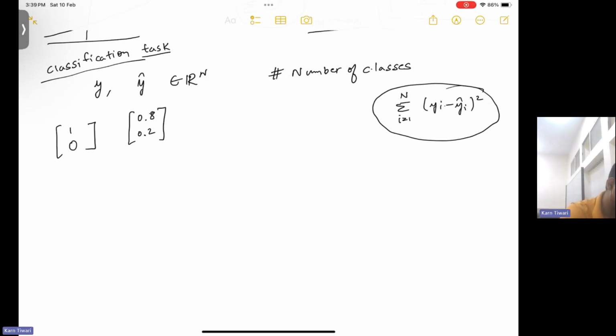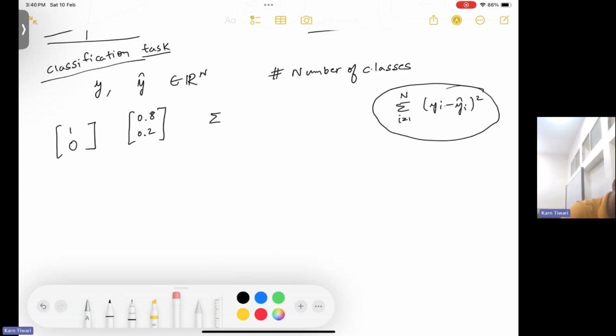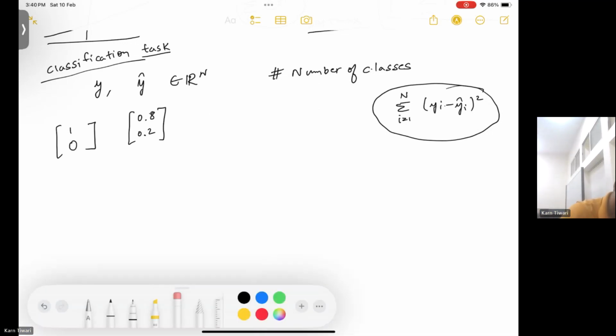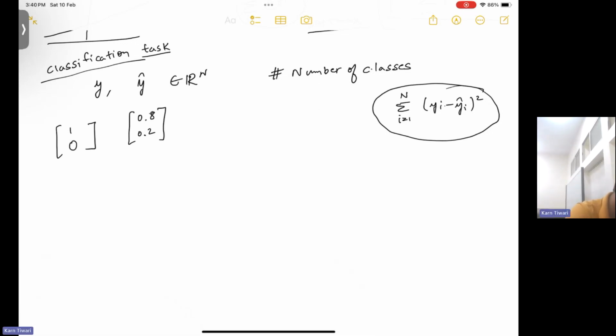Using this RMSE, I'm trying to minimize the difference between these two. Summation you don't need because there are two classes, we can just expand it. So it's 1 minus 0.8 whole square plus 0 minus 0.2 whole square.